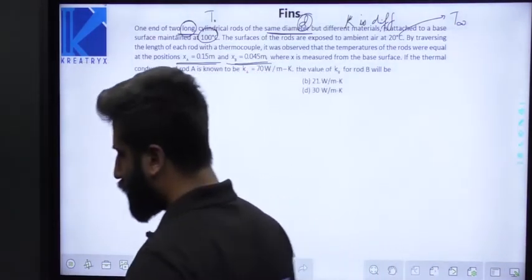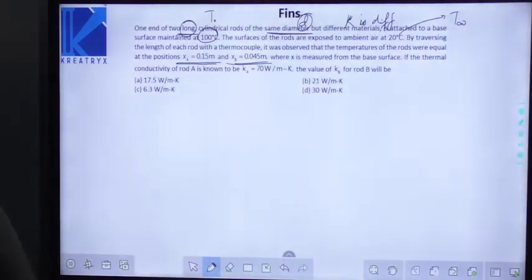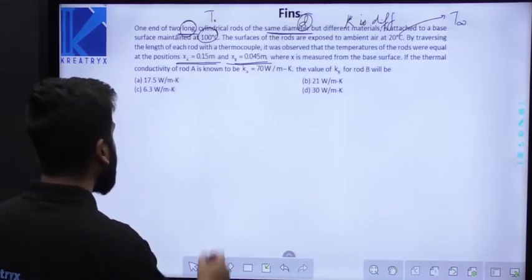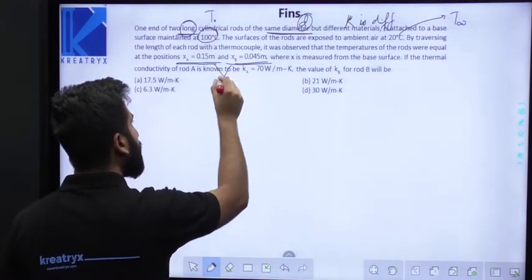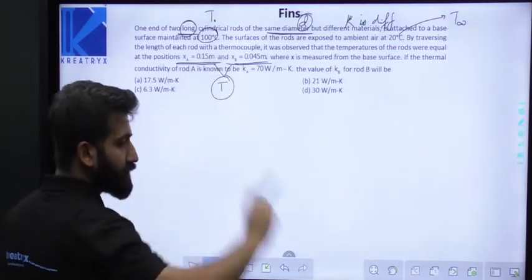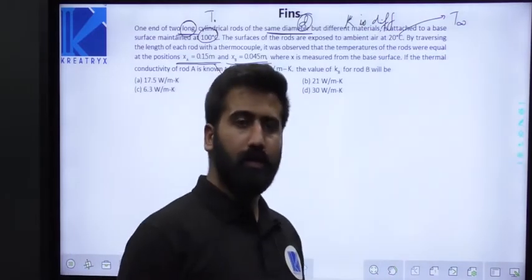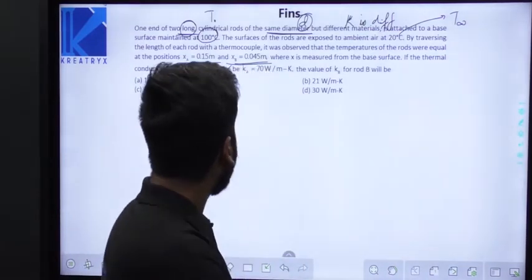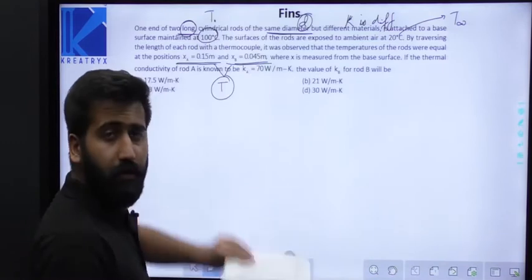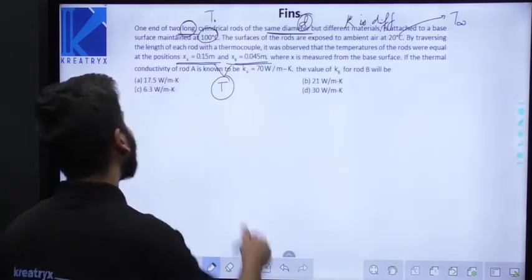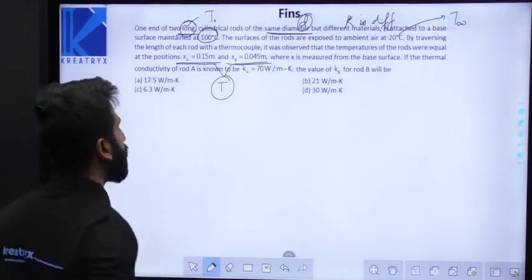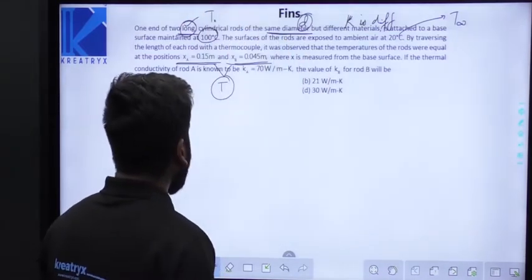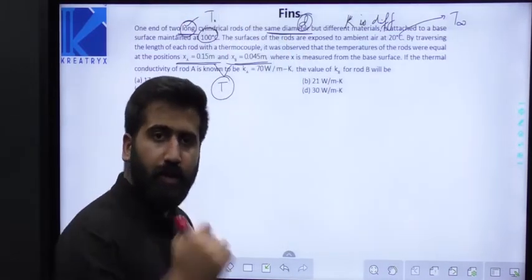So you have been given that temperature T at the respective distances in both the rods is equal. This is a case of infinitely long fin, because it's given that one end of two long cylindrical rods. So let's use the formula for temperature profile.